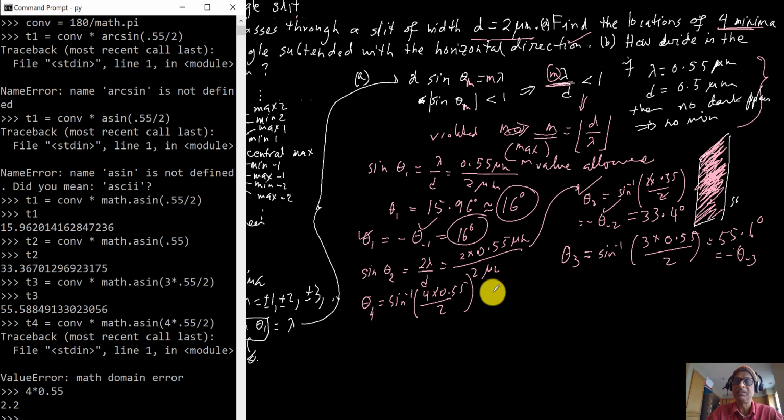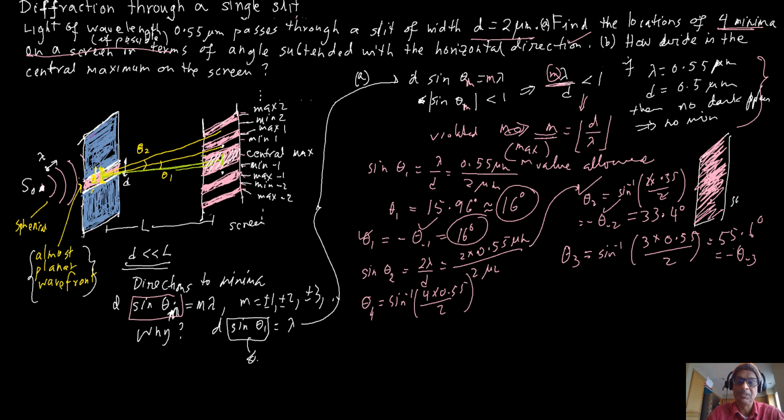So this is definitely not gonna work, right? So this is trouble. So that means m equals plus or minus 4 is not allowed by this formula. So this is the maximum that we're gonna get in this case. Okay.